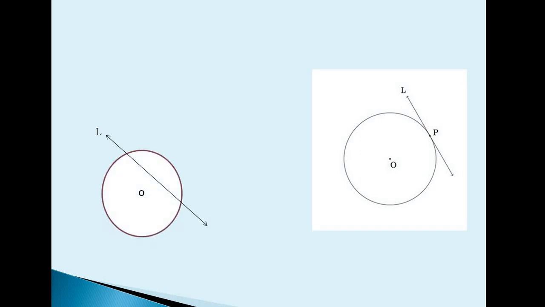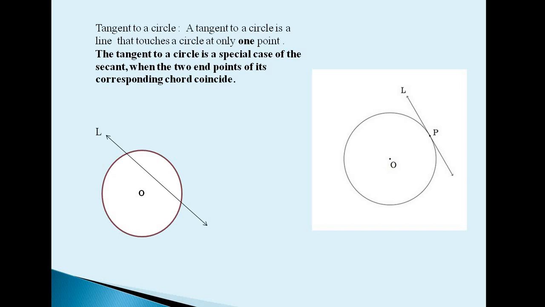Next, we're talking about the tangent to a circle. As you can all see, a tangent to a circle is a line that touches the circle at only one point. Right here, line L is the tangent which is touching this circle at point P. Care must be taken that the tangent is a special case of the secant.